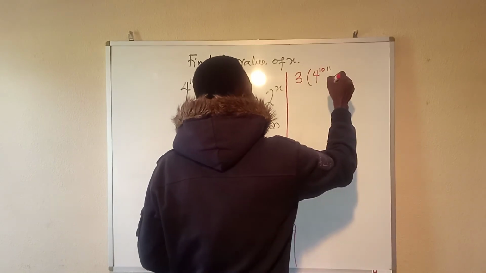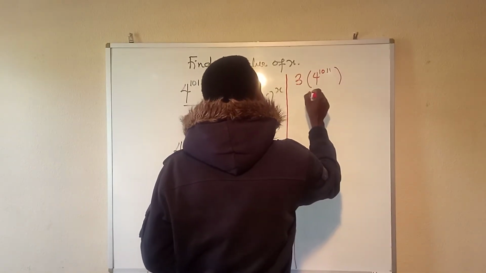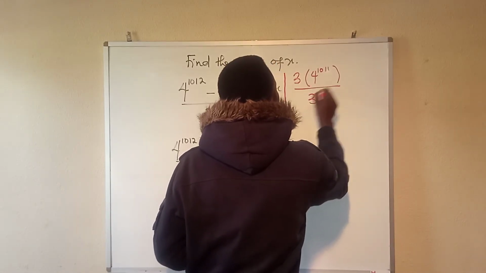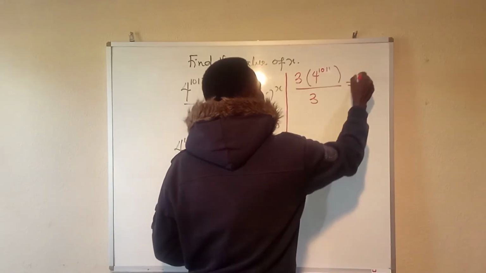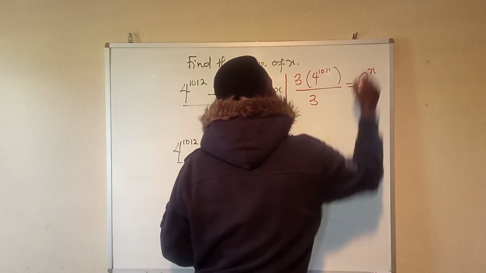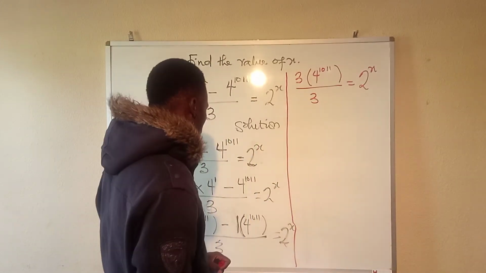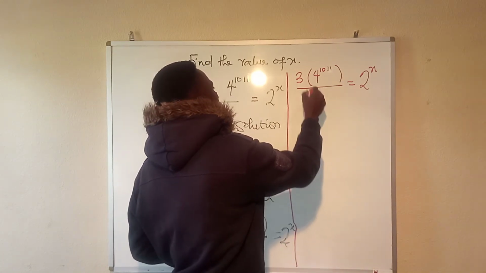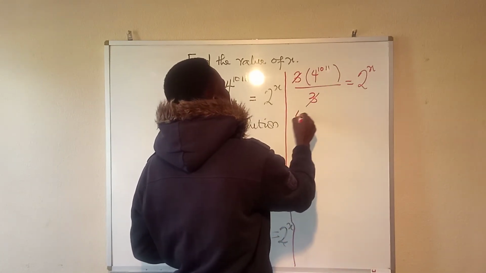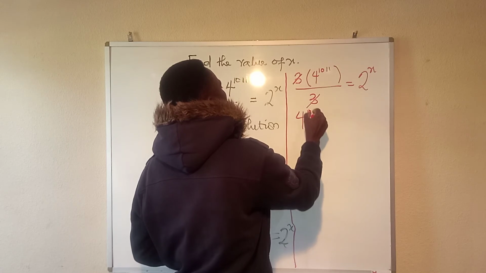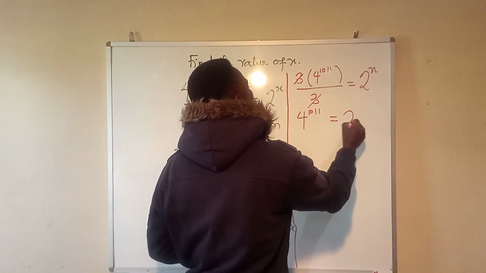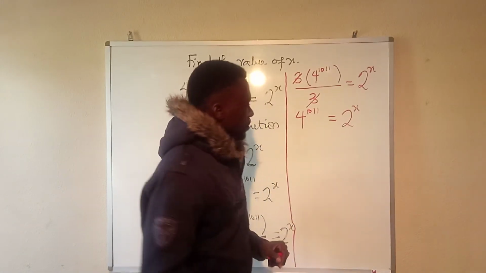All right. All this over 3 is equal to 2 to the x. This is what we have. All right. So now what we're going to do is cancel 3. We shall have 4 to the 1011 to be equal to 2 to the x.